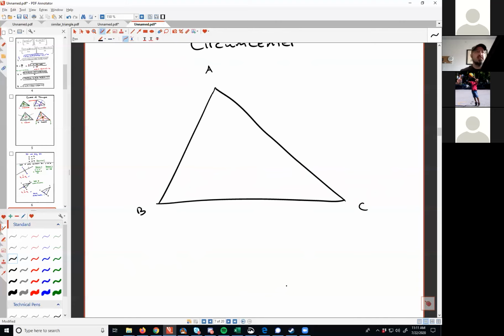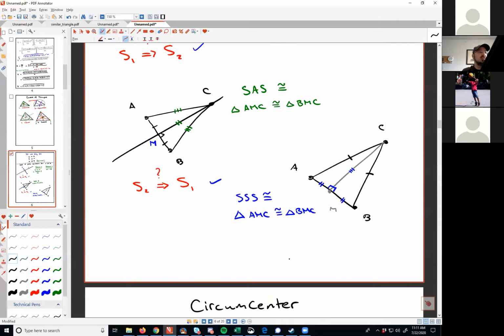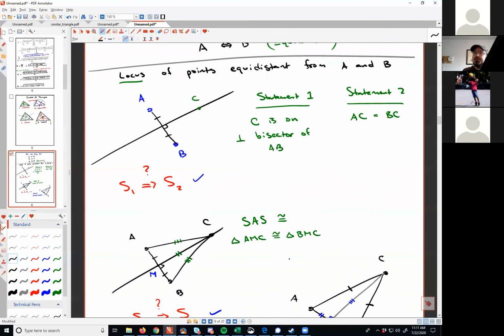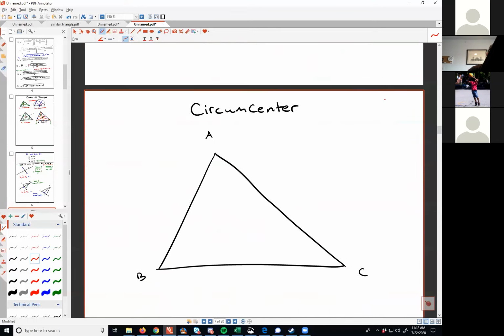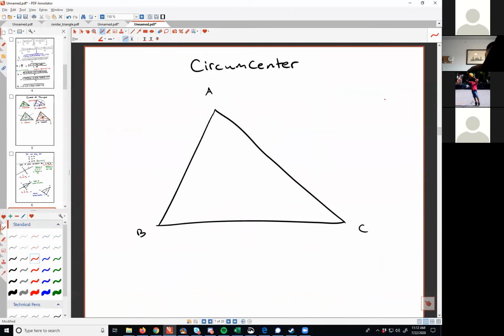And previously we asked, what is the locus of points equidistant from 2 points in a plane? Well, a natural next step is to ask, what is the locus of points equidistant from 3 points in a plane? And that's a tough question to answer quite so directly.